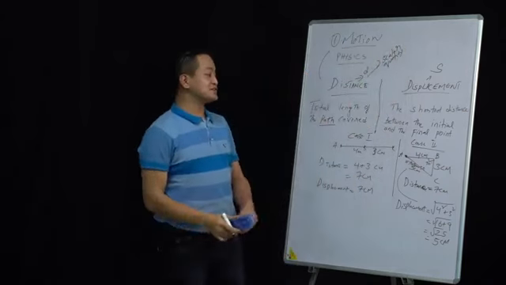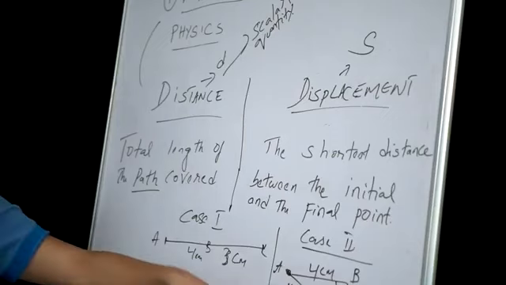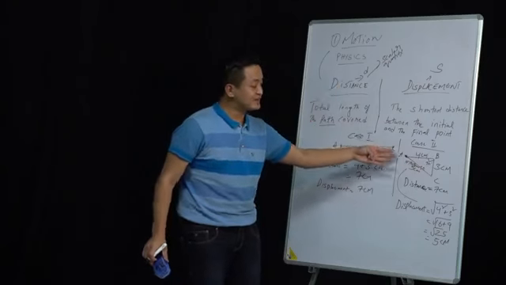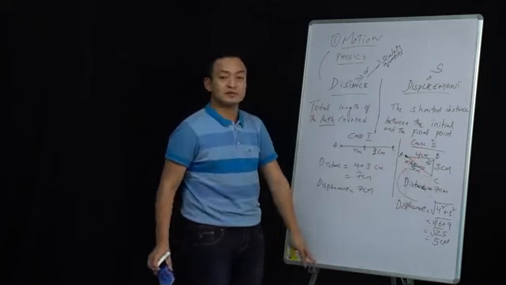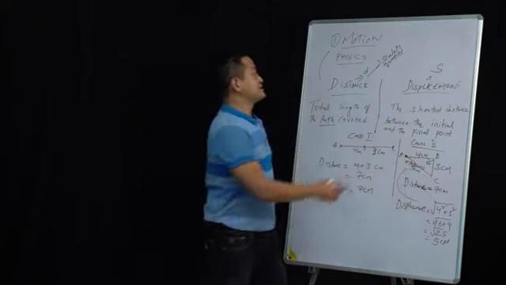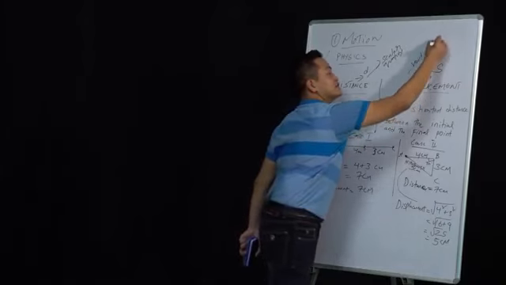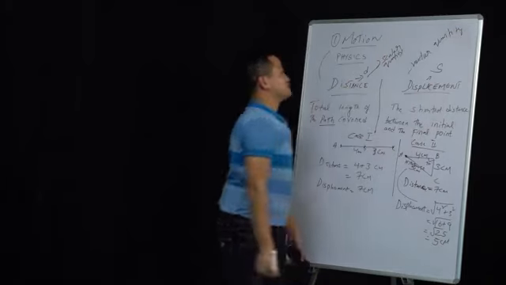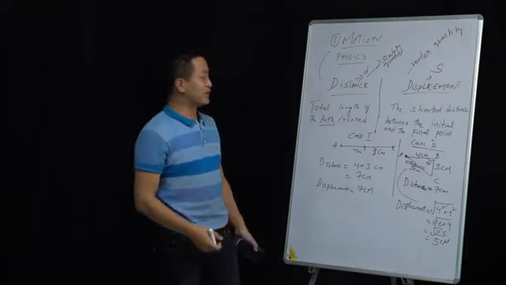But displacement is dependent on magnitude as well as direction. Magnitude means the unit, the numbers. Direction means here displacement has applied the shortcut to reach C. Instead of 7 centimeter, we are getting 5 centimeter. So displacement is a vector quantity. You should get used to all these names because we'll be applying everything in our following chapters as well.